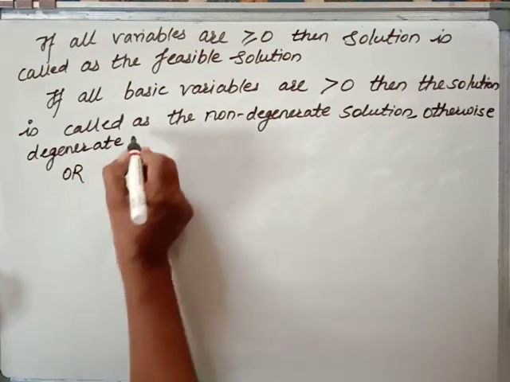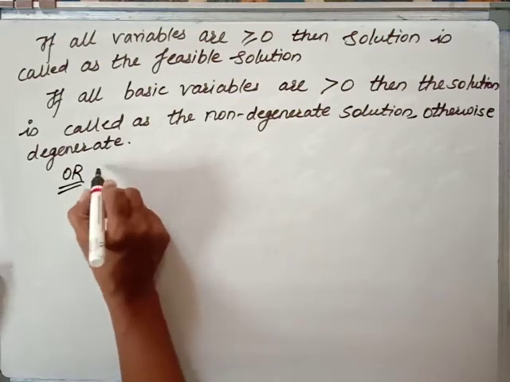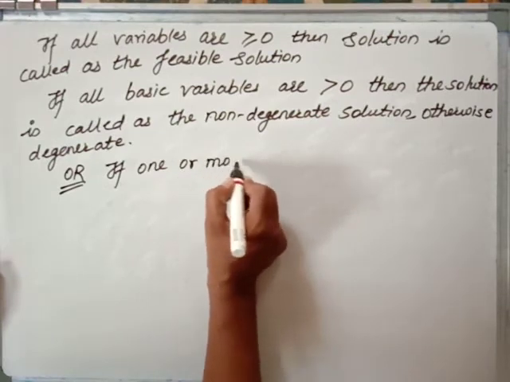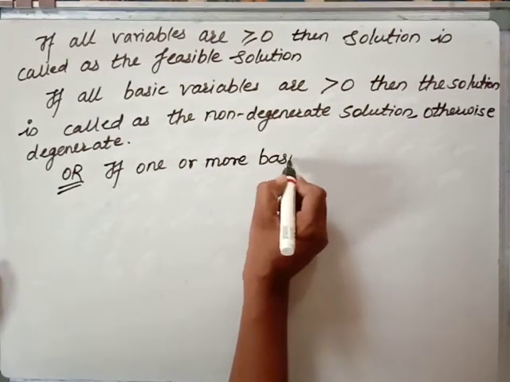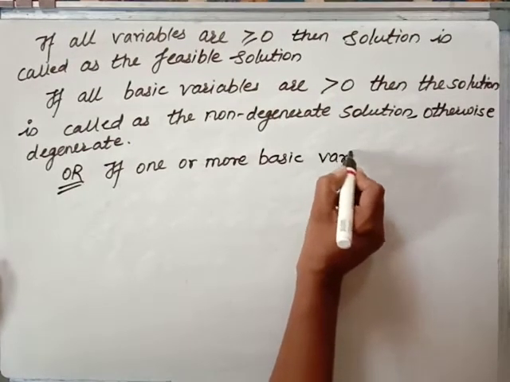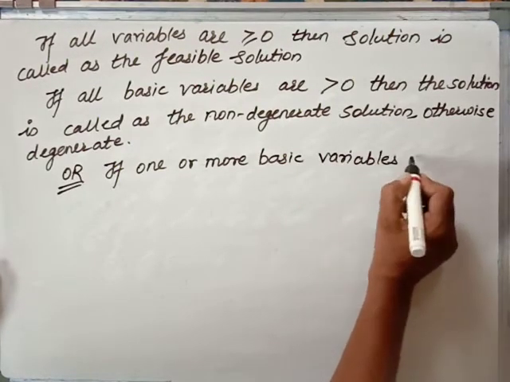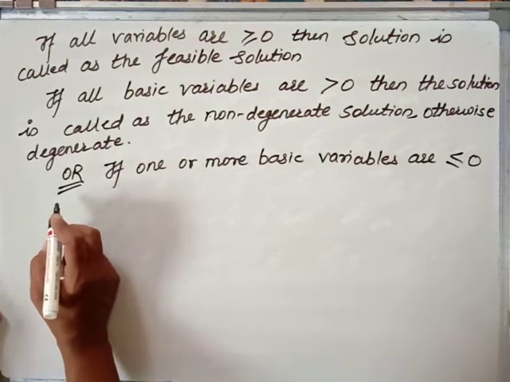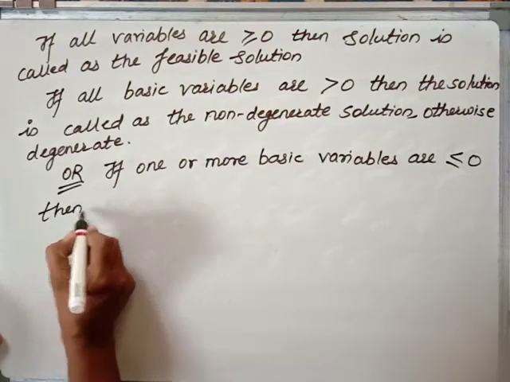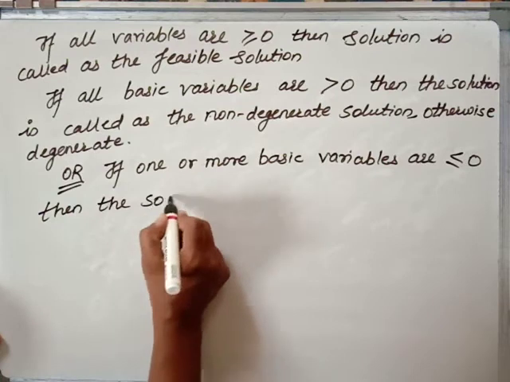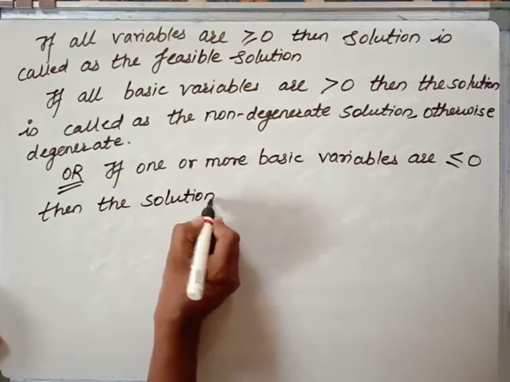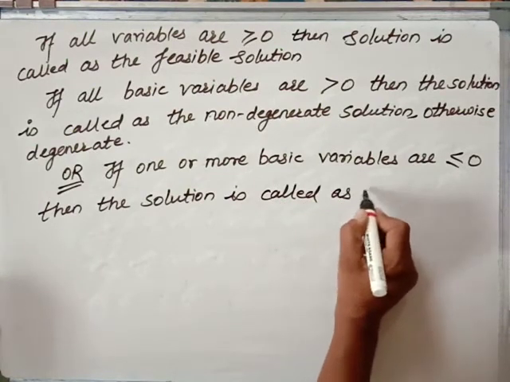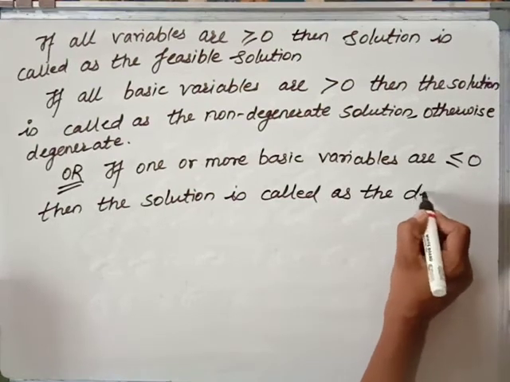Or, if one or more basic variables are less than or equal to 0, then the solution is called a degenerate solution.